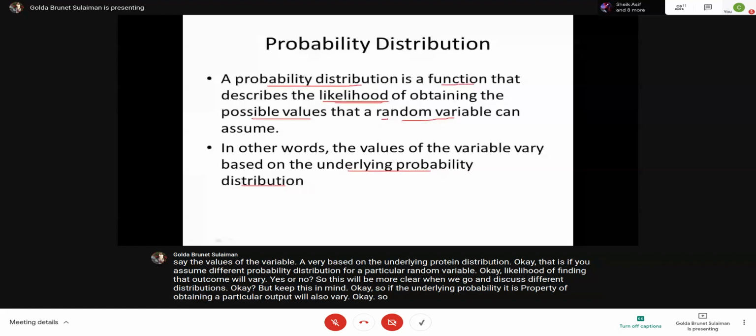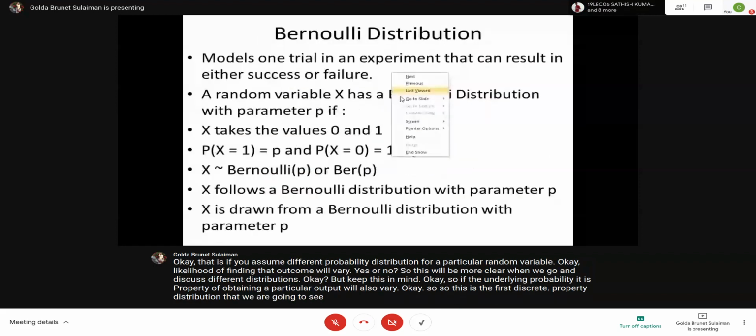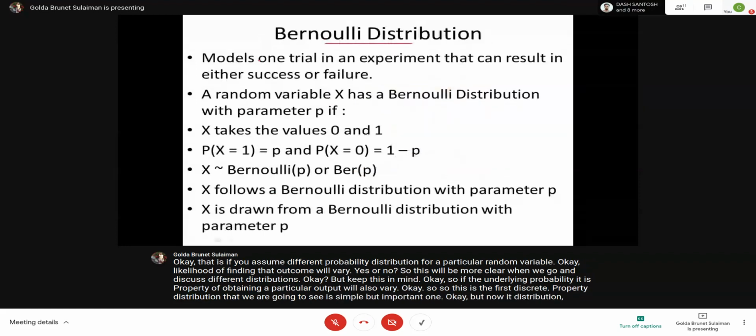So this is the first discrete probability distribution that we are going to see. A simple but important one. Okay, Bernoulli distribution. What is its role?